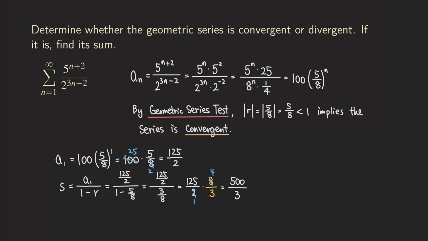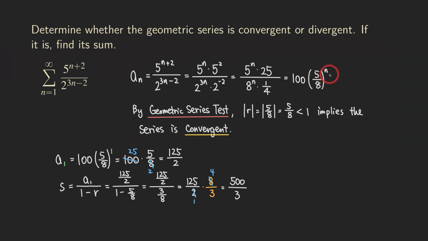It's 500 over 3. There is one thing that I want to point out here: sometimes people will just say that 100 is the first term, but that's not the case here. When n is starting from 1, if you want to claim that this would be the first term, we actually need to have n minus 1 right here.